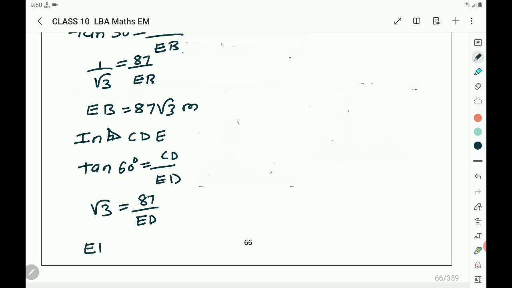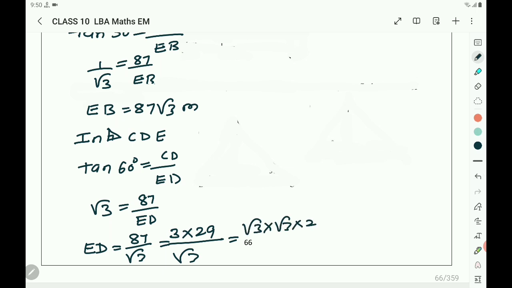So ED is equal to 87 by root 3. 87 can be expressed as 3 into 29, so 87 by root 3 equals root 3 into root 3 into 29 by root 3. Root 3 cancels. You got 29 root 3.